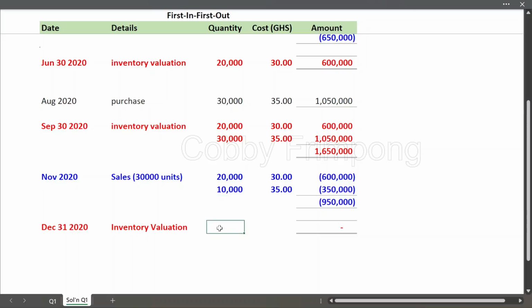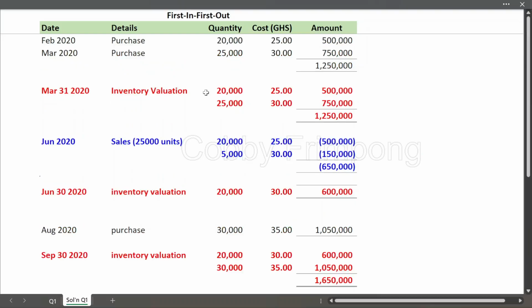Now we have a remainder of 20,000 units at 35, giving us 700,000 Ghana cedis. This will be the value of inventory on the balance sheet at the end of the year. And this is how first in, first out valuation is done.